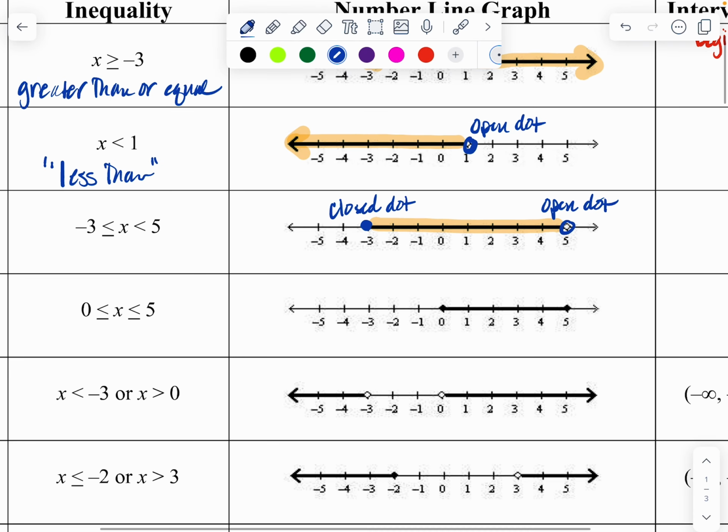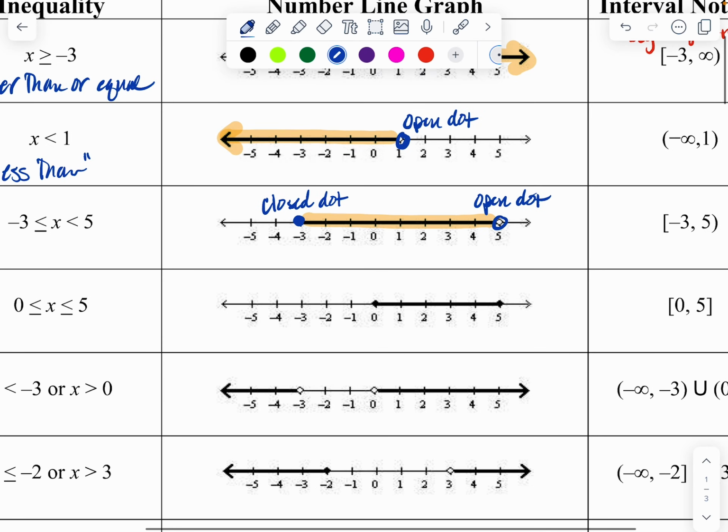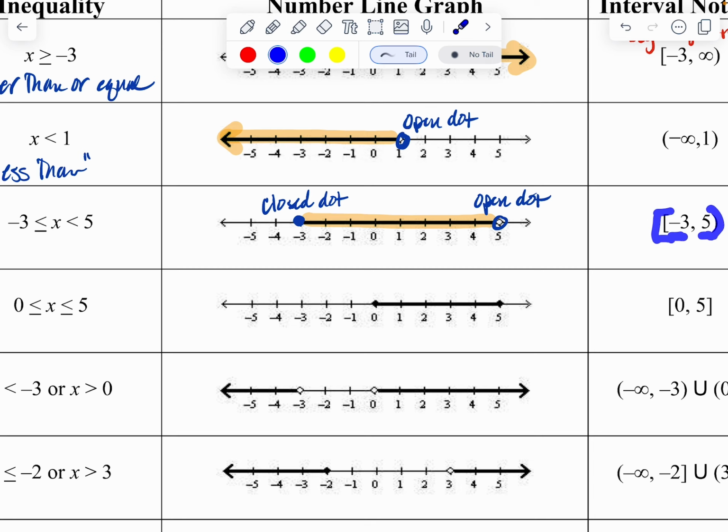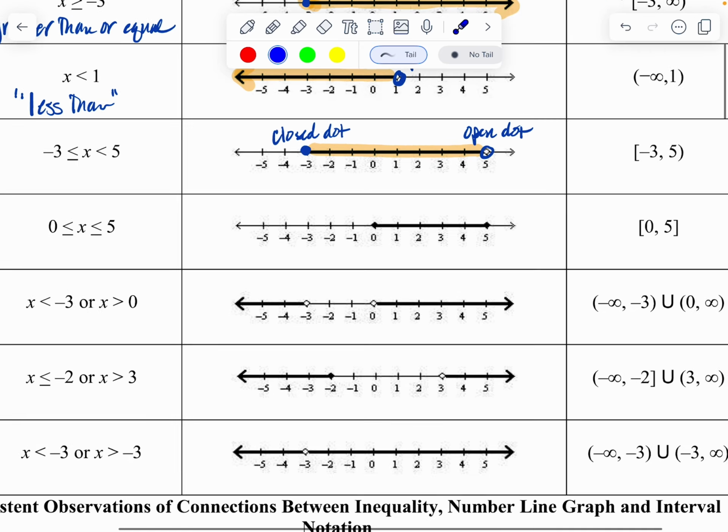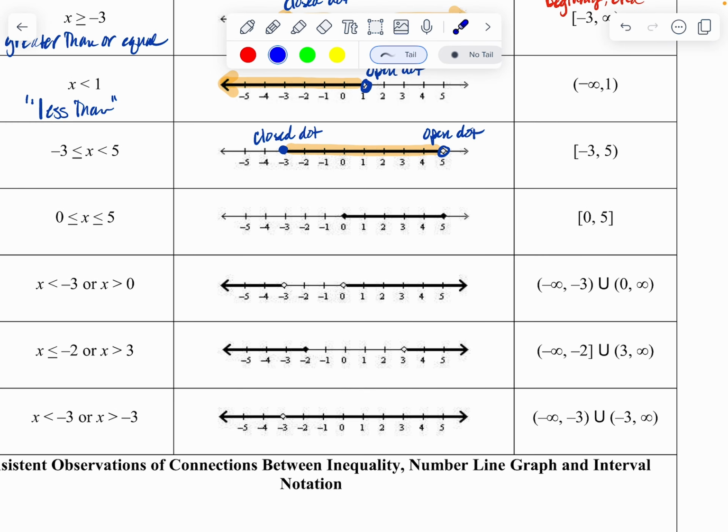So the interval notation on this, notice, x starts at values of negative 3 and goes to 5. We have a bracket on the negative 3 and a parenthesis on the 5. So hopefully what you're starting to see is that when it's a closed dot, or when x can be equal to that, we use a bracket to say, hey, negative 3 is included.